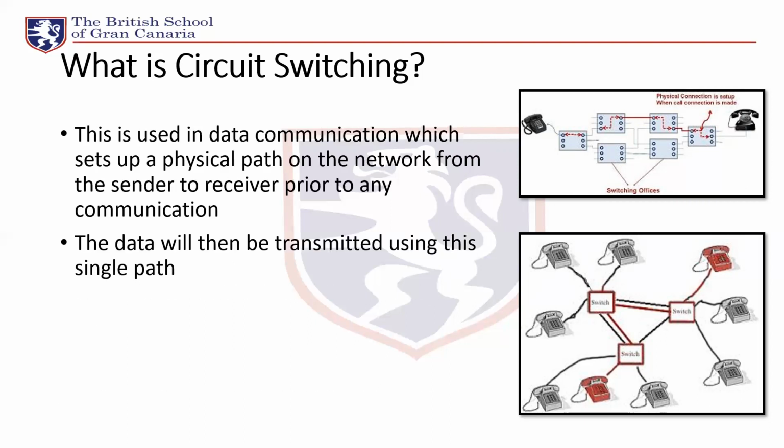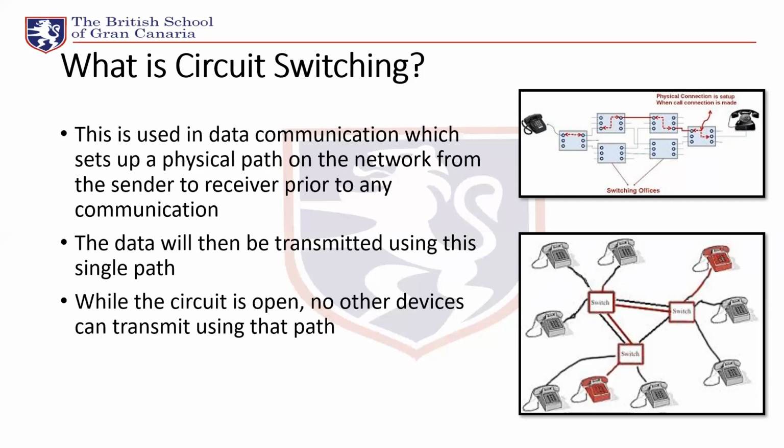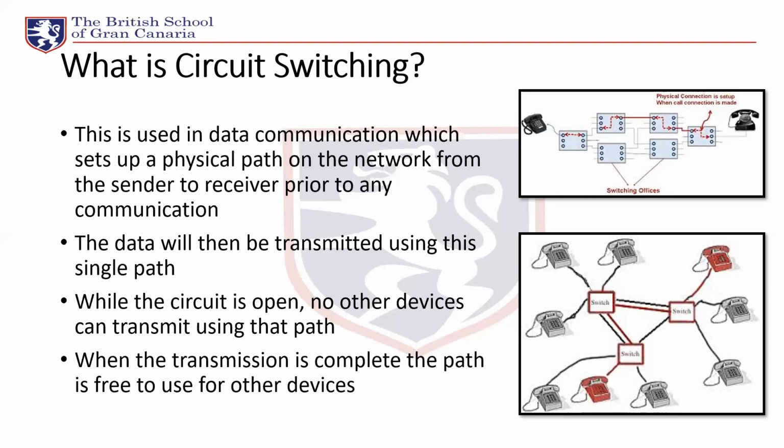The data will then be transmitted using this single path. It's that simple, really. While the circuit is open, no other devices can transmit using that path. When the transmission is complete, the path is free to use for other devices. Obviously, when the transmission is using that single path, nothing else can use it, so this would have been a slower way, I suppose, to transmit the data.